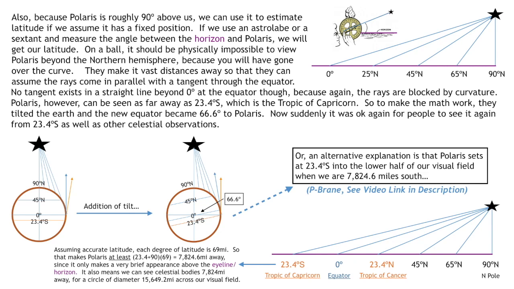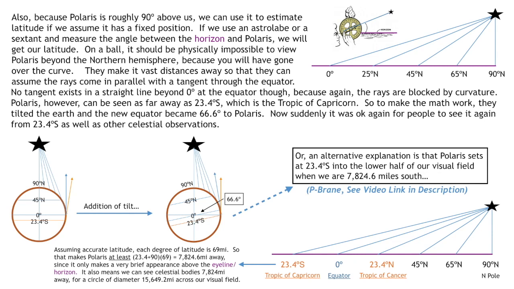So to do the math on that, assuming accurate latitude, each degree of latitude is 69 miles. So that makes Polaris at least 23.4 plus 90 times 69 equal to 7,824 miles away, since it only makes a very brief appearance above the eye line or horizon at that point.